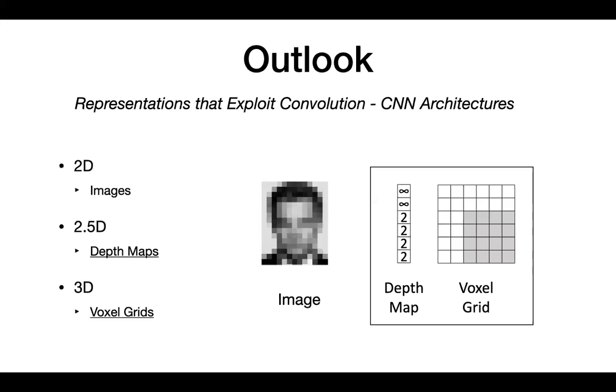And so as an outlook, what we are going to see in this area is that these 3D representations are natural extensions of what we have seen so far for images, and we extend this for images with geometric information, and then for full geometric information.